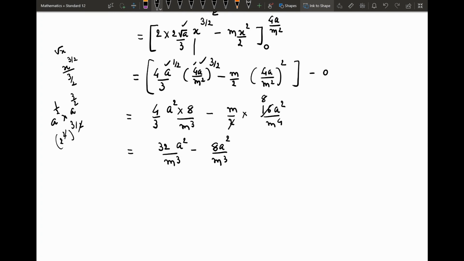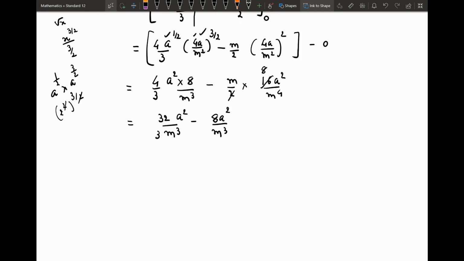So we have 32 by 3, a square upon m cube, minus 8a square upon m cube. When we simplify, we take a square upon m cube common.